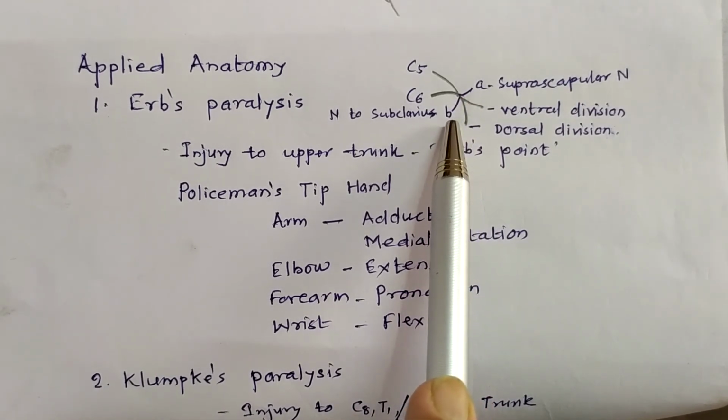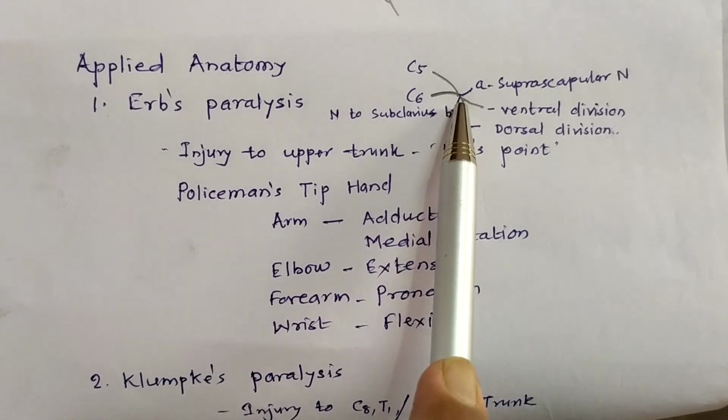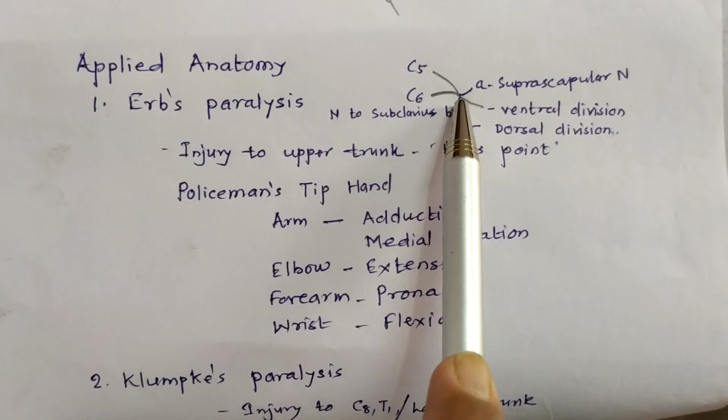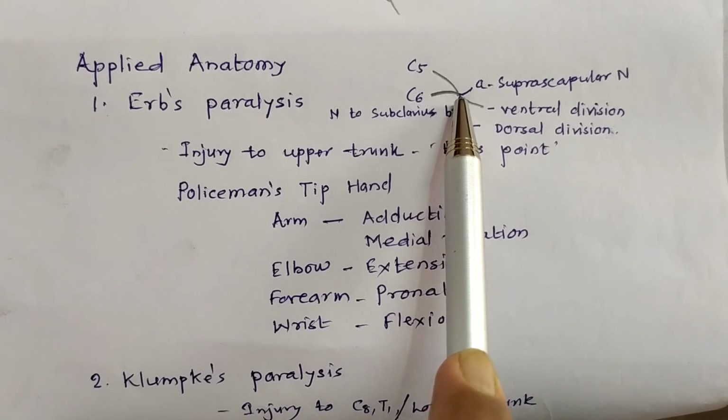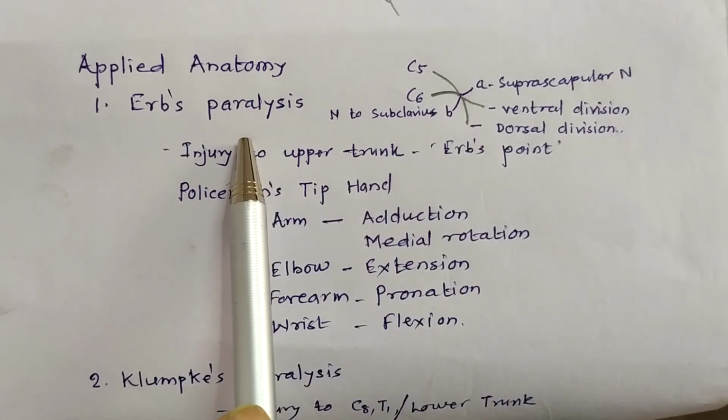So 6 nerves meet at this point. An injury to this point due to fall on shoulder or application of forceps during forceps delivery or fall of weight on the shoulder leads to injury to Erb's point and causes the Erb's paralysis.